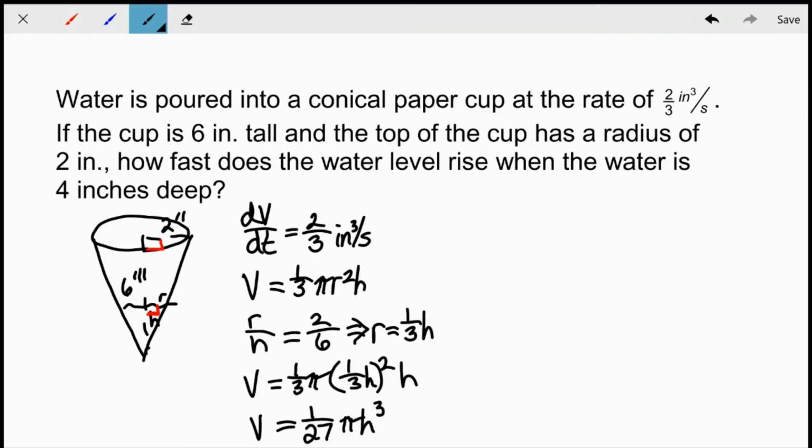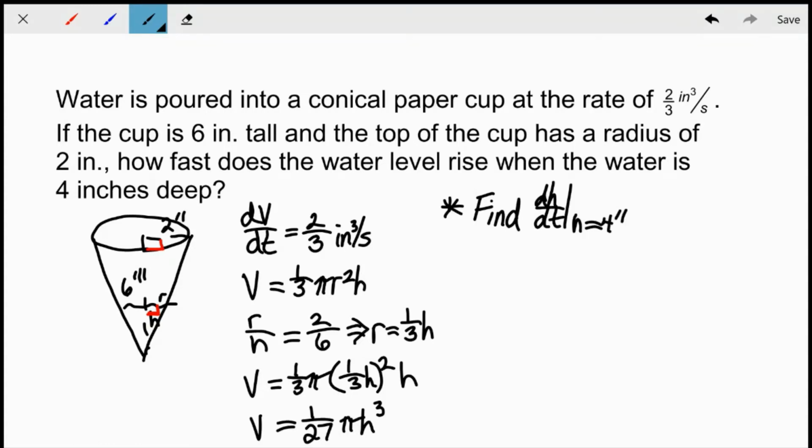Last piece that I want to do here before I start solving, let's just recognize what we're looking for and make sure that we focus on that. I want to find dH/dt. And I want to find that at the point where the height of the water is 4 inches.